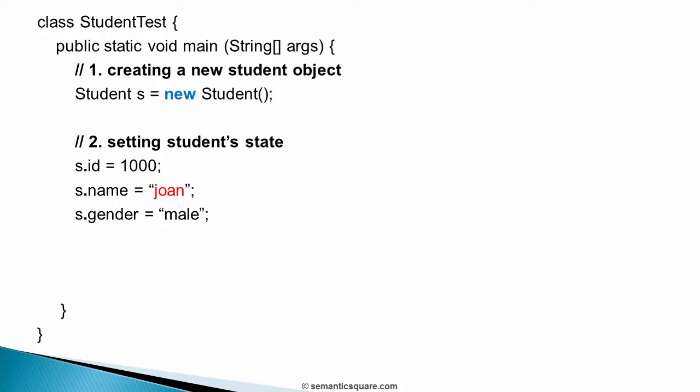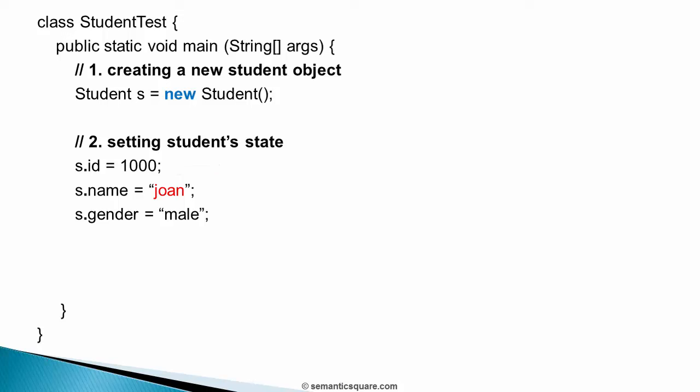Next, we need to initialize its state. That is, we need to set the values for the variables ID, name and gender that the student class has declared. And for that we use the dot operator. That is, we would have the object name s followed by dot followed by variable name, which here is ID, and then we assign it with a value, which is 1000 in this case.